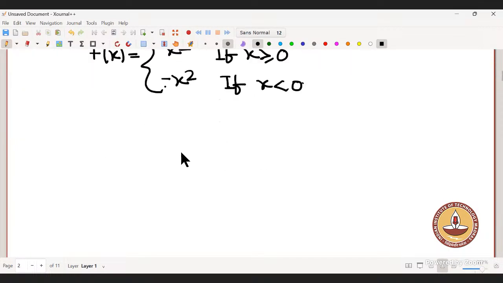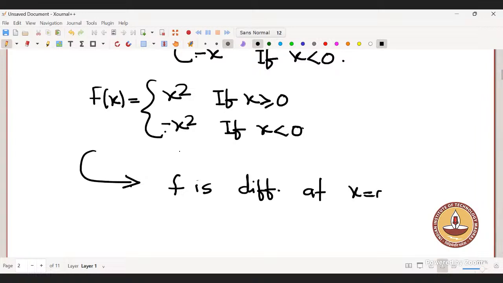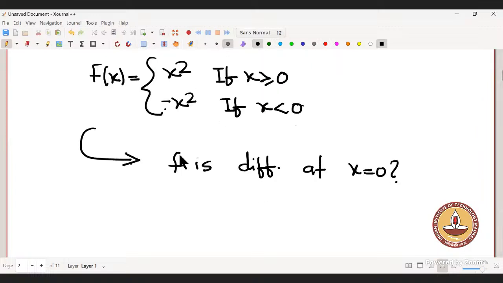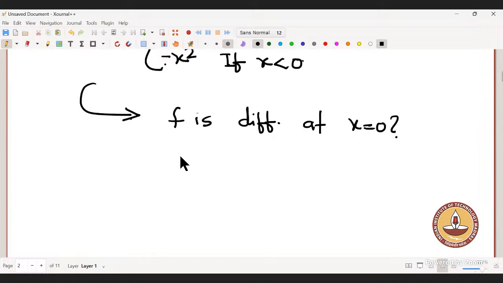This is my function. My next target is to check whether f is differentiable at x equal to 0. If you apply the definition, what do you need to check? Here a is 0.